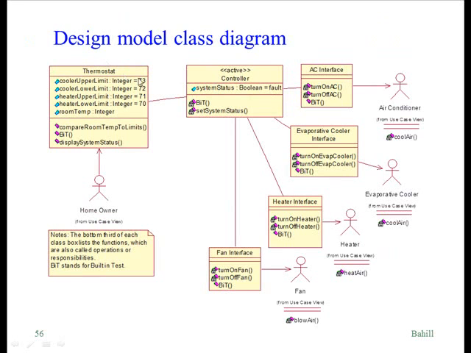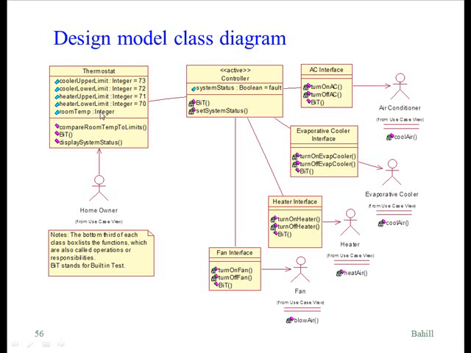So we have a thermostat. A thermostat is an object, and it can be represented as a class. The thermostat is going to have attributes. These are the attributes or parameters, the thresholds.